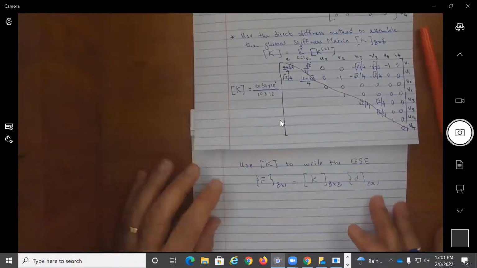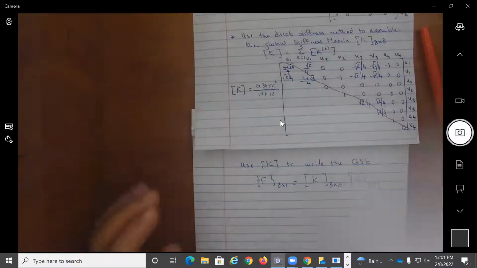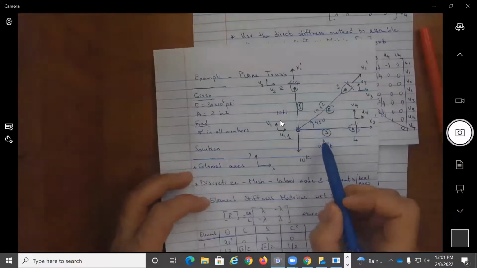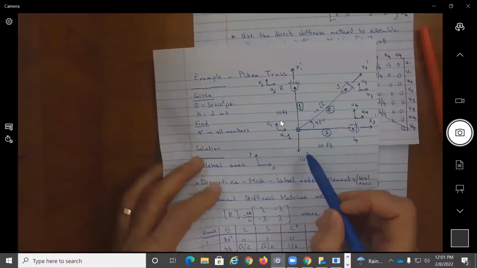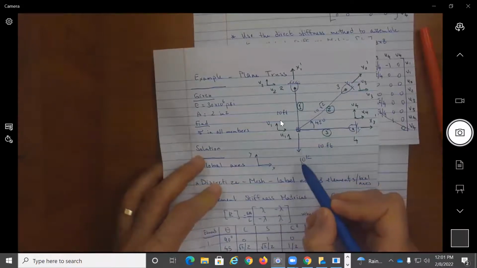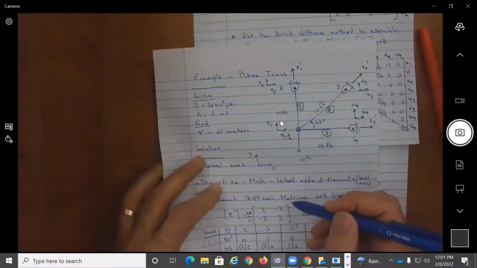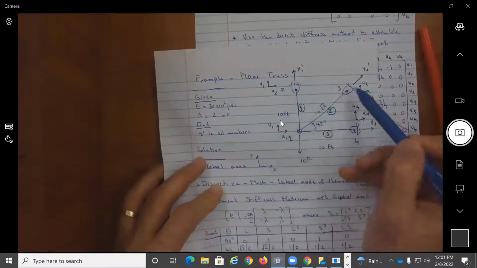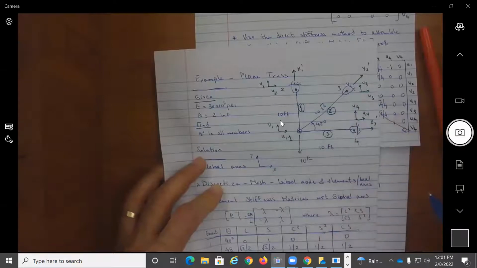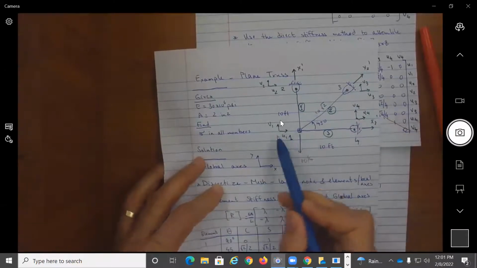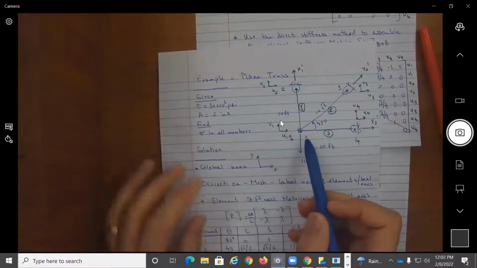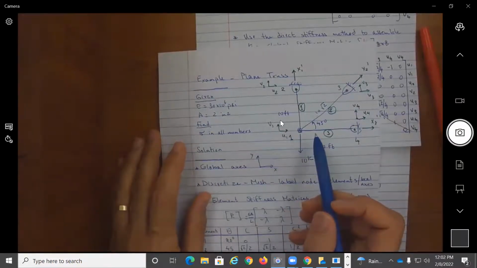Now, what is this going to look like? If I look at the matrix of the external forces F, I have an applied force 10K at node 1 in the y direction. And then for each of the other nodes, I have unknown reaction components. Now, we do not have a force acting in the direction of U1.